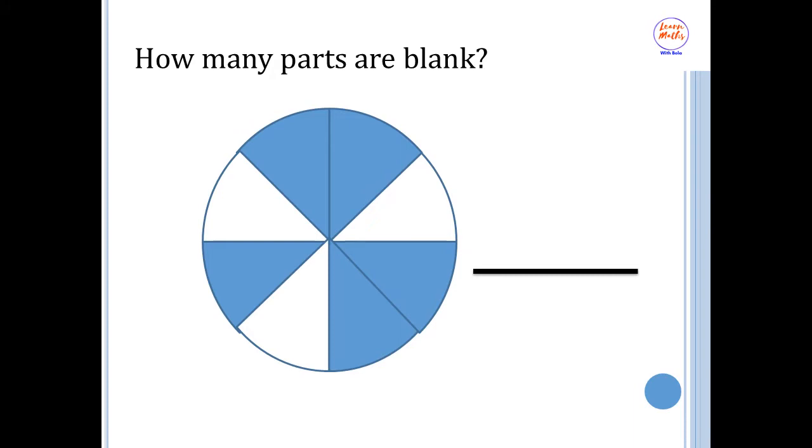They are blank, they don't have any color. So we start counting. Let's start from where you have the question mark. Is this blank? Yes. So let's count. That is the first part that is blank. So we have 1.